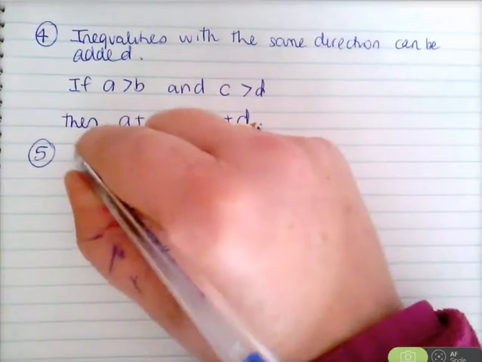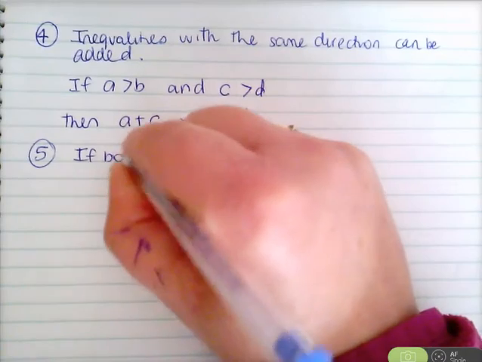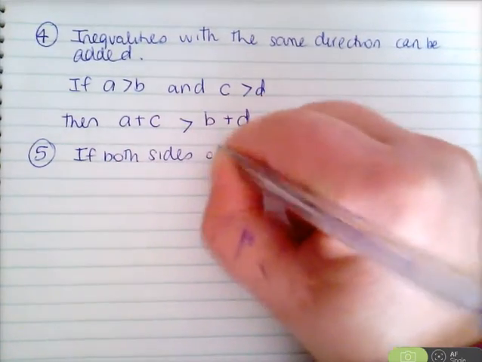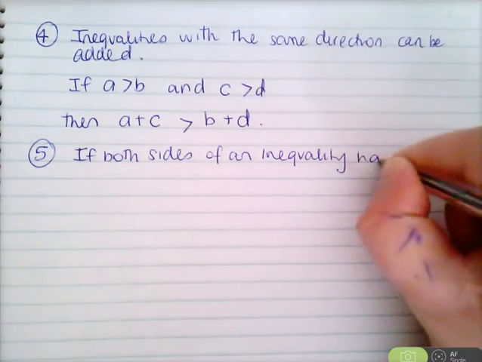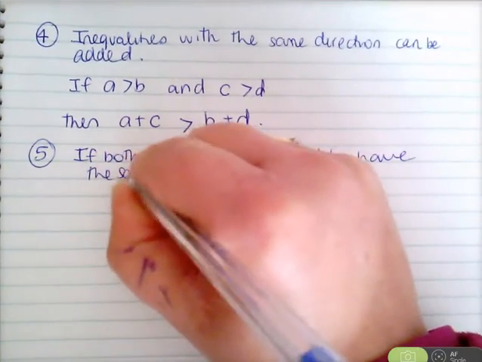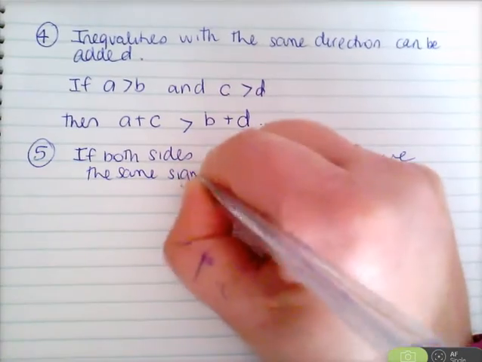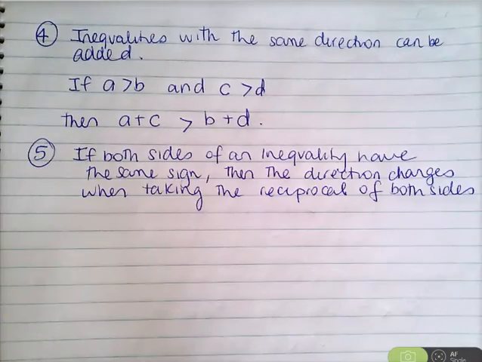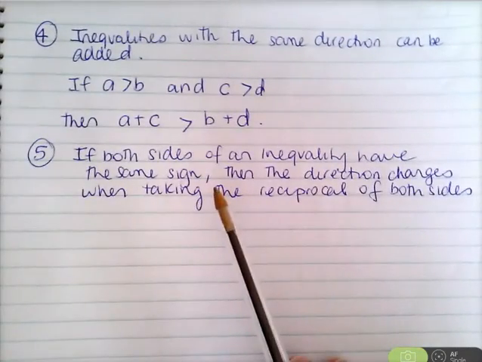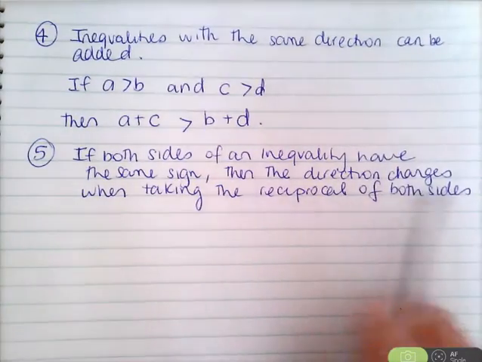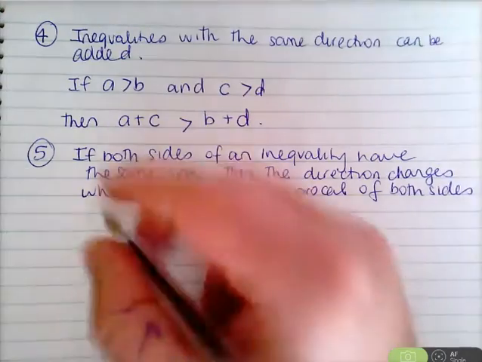Okay, now the fifth thing. If both sides of an inequality have the same sign, I'll just pause the video and write this out. Okay, so this one is if both sides of an inequality have the same sign, then the direction changes when taking the reciprocal of both sides.